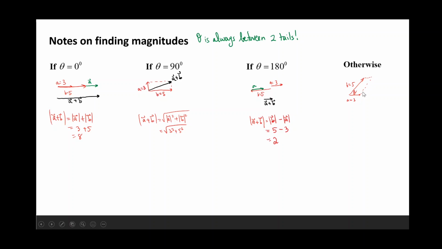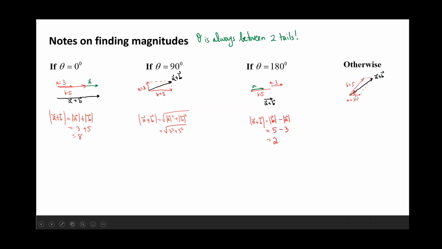Finally, if we have some other random angle between the two tails of the vectors, you most likely already have an idea that this will involve the cosine law somehow. If you were to draw the resultant vector using the parallelogram law, unfortunately that angle right here is going to be cut by this resultant. Do not assume that it's going to be cut straight in the middle, because it all depends on the lengths.